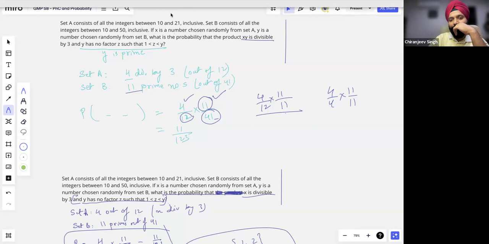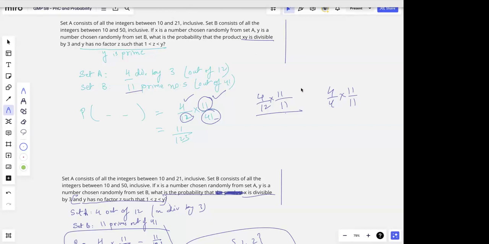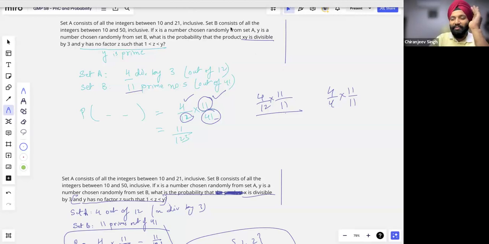Yeah, Nilesh. Sir, I feel the answer shouldn't be different. It should be the same. Okay, I'm asking from people who believe that the answer should be different. So these two situations are the same. In the first case, also, xy is divisible by 3 and y is a prime number.